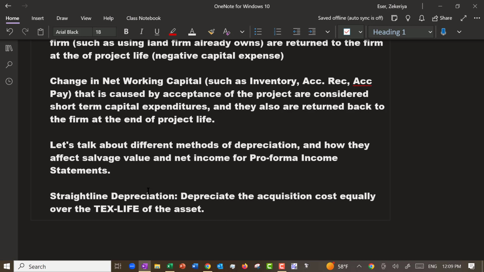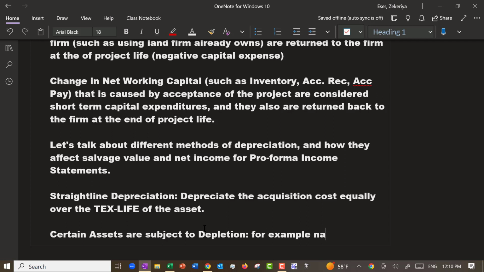Certain assets are subject to actually depletion. For example, natural resources.